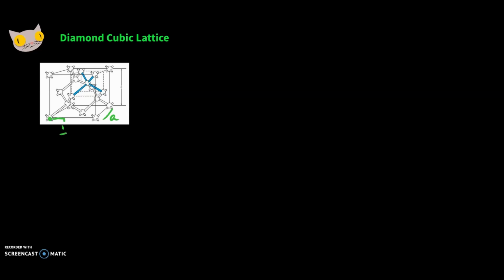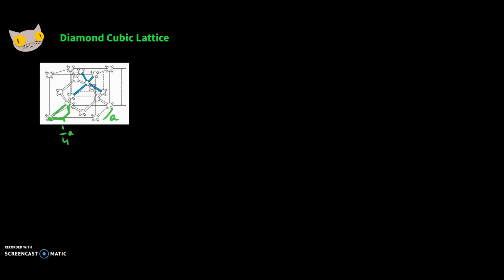So that's about 1/4 A. And same deal in the y and in the z direction. So we get kind of that shape there. And each one of these sides is 1/4 A.